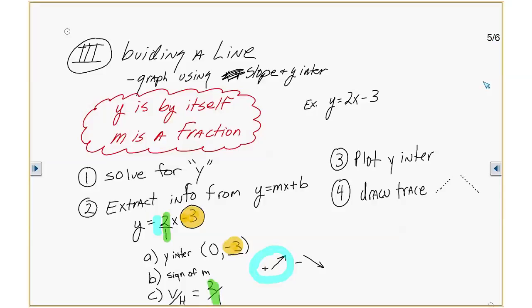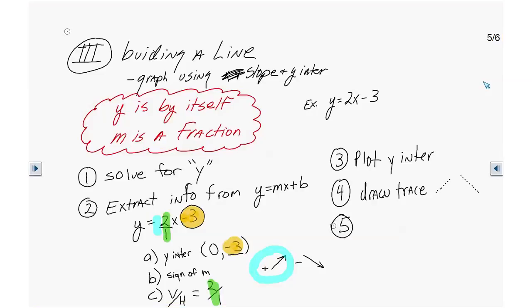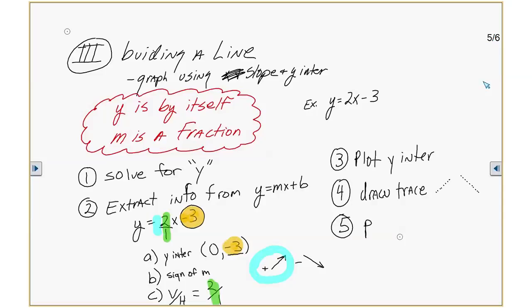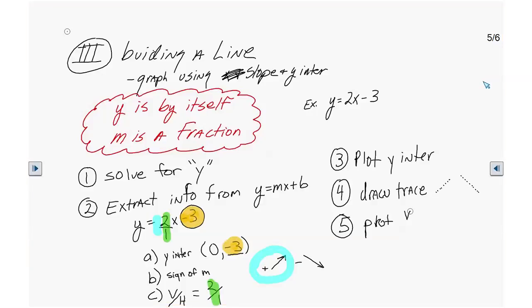That's what this is for. And then 5, plot vertical over horizontal from origin. I mean from that y-intercept. Plot vertical over horizontal from the y-intercept.